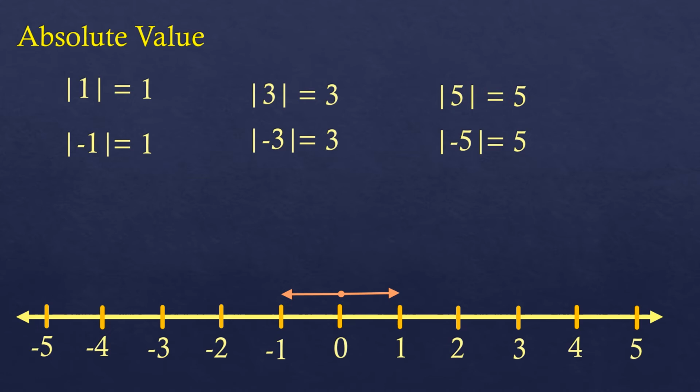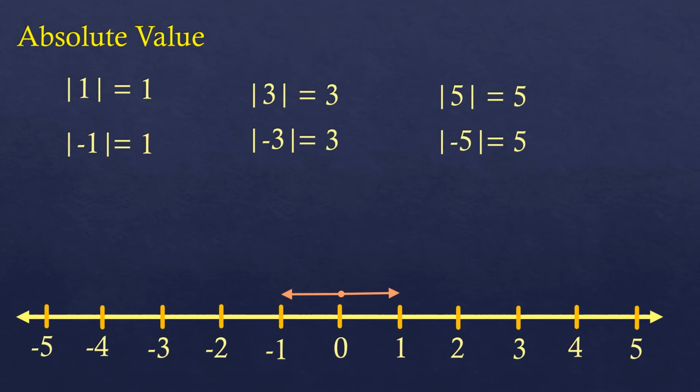It's talking about the distance of that number from 0. That's why the absolute value of 1 is just asking what's the distance of 1 from 0. It's 1 unit. That's why the answer is positive 1. And also, the absolute value of negative 1 means what's the distance of negative 1 from 0?